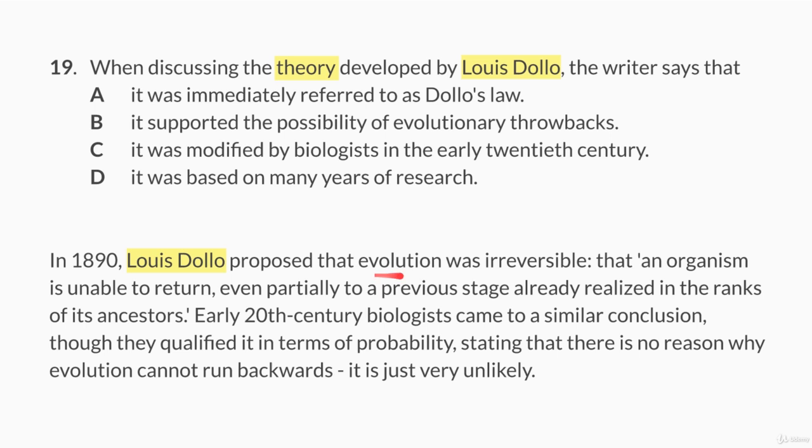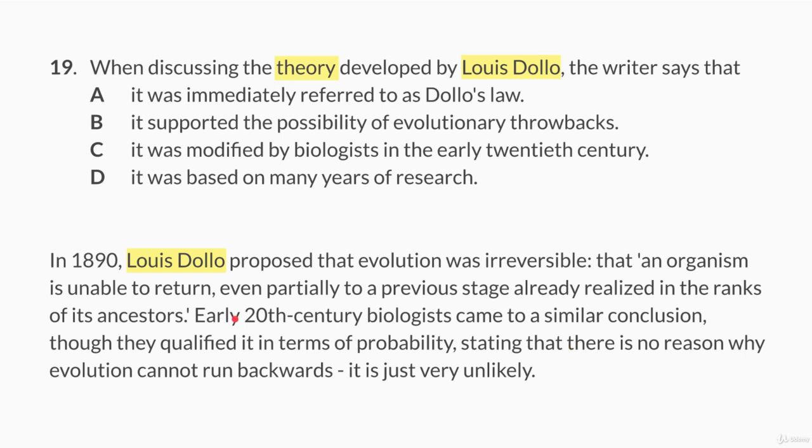All right, I see something about evolution here, and it talks about evolution here as well. Let's keep scanning and see if we can find something else. There we go, early 20th century. That one is over here, option C. It also says biologists, so C also mentions biologists. Anything else?